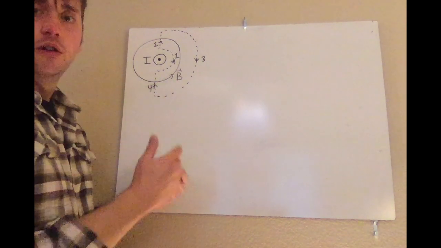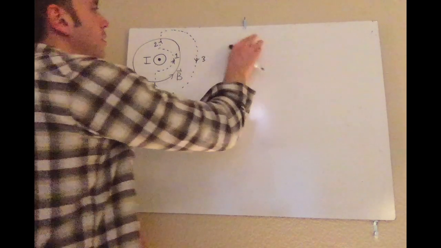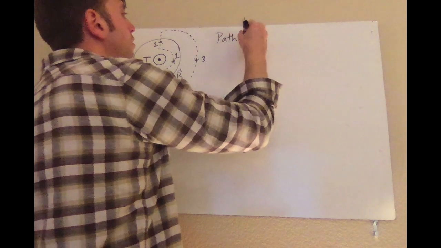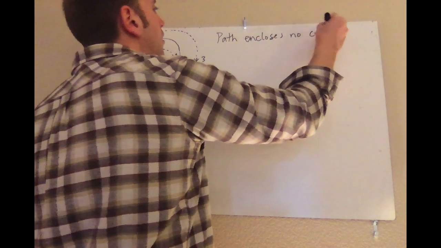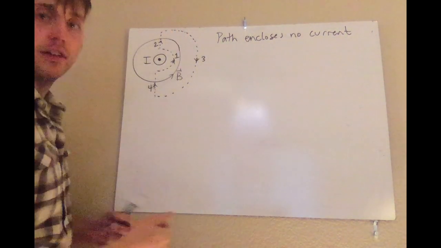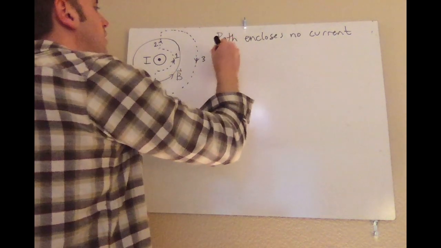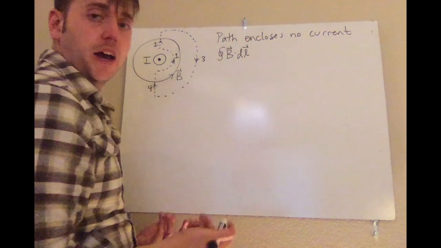So those are 1, 2, 3, and 4. Those are the different parts of my path. Now, the thing we should note about this path is that it encloses no current. My path is made in such a way that I'm trying to get around the current and I'm not actually enclosing it.